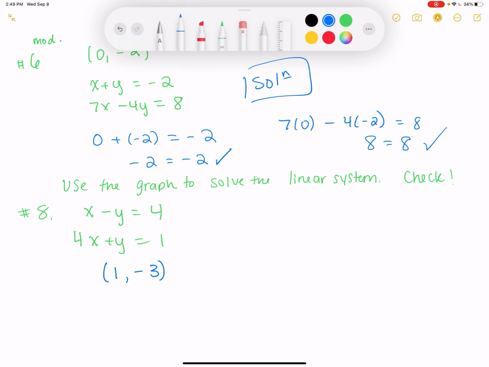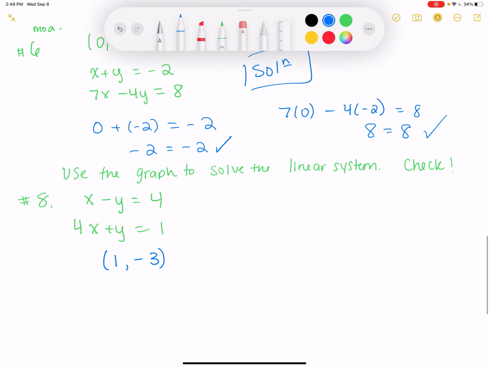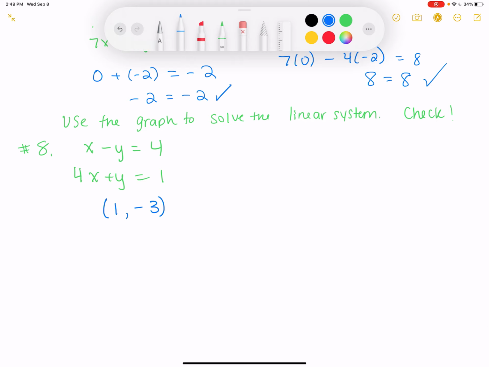So that's what it looks like the point is, but to be safe, it wants us to check it. So we plug it back in. 1 minus -3 is equal to 4, so that's really 1 plus 3, and 4 equals 4. That equation worked.